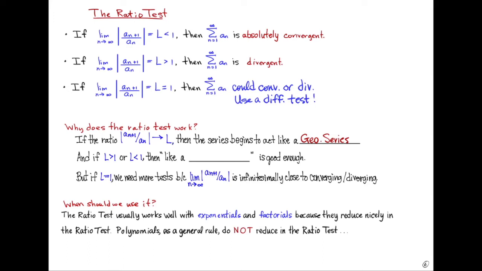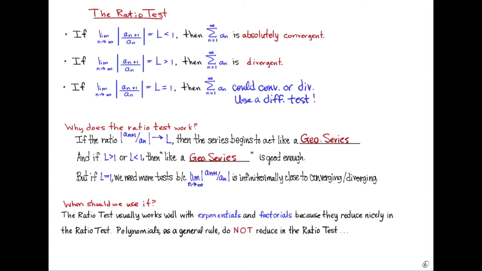So very similar premise to that. And so if our limit is either less than or greater than 1, then it's good enough to say it behaves like a geometric series. However, unlike the geometric series, if our limit is 1, then we need more tests because that ratio is too close to converging or diverging that we can't tell.